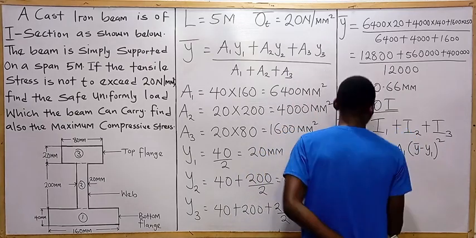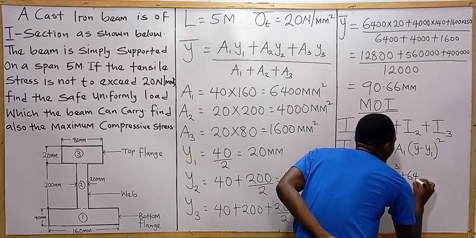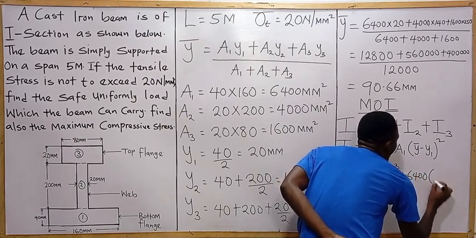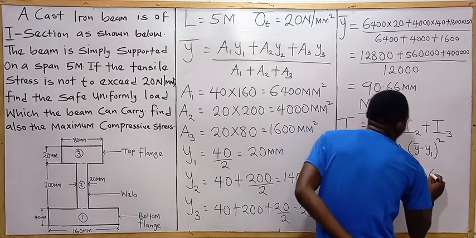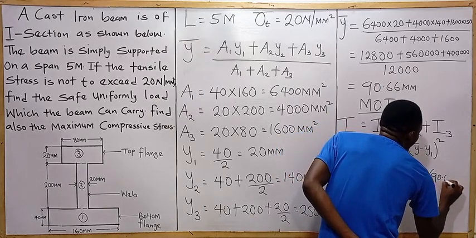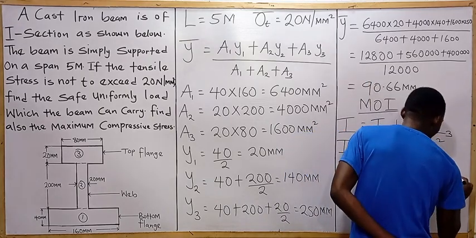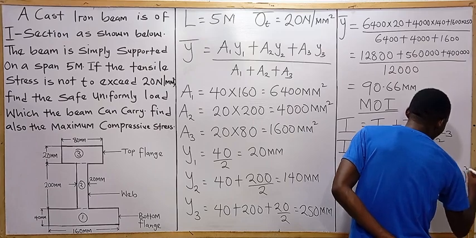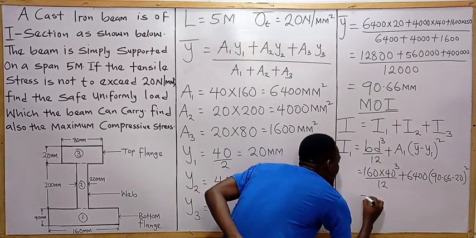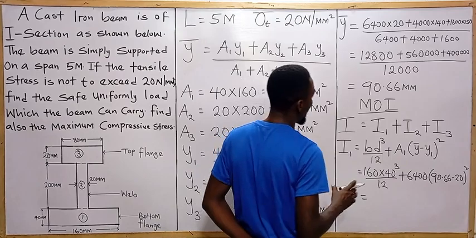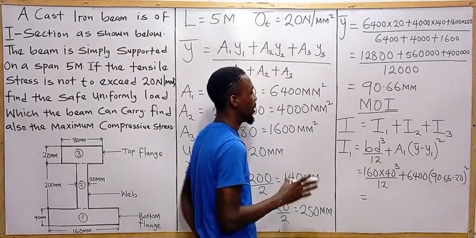Our A1 is nothing but 6,400, then into our y bar, which is 90.66 minus our y1. Our y1 is 20. So everything all squared.